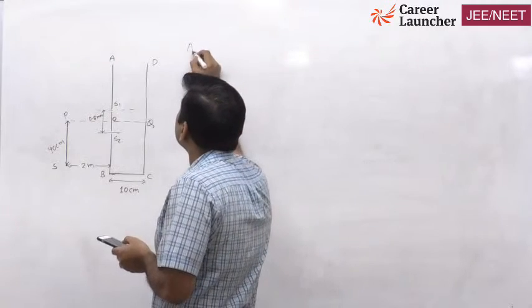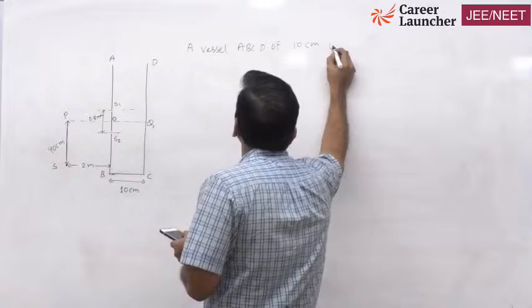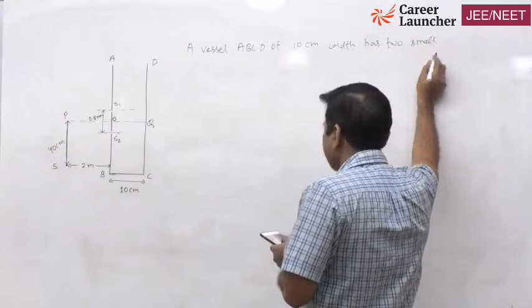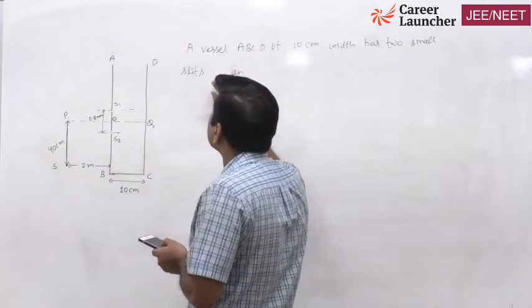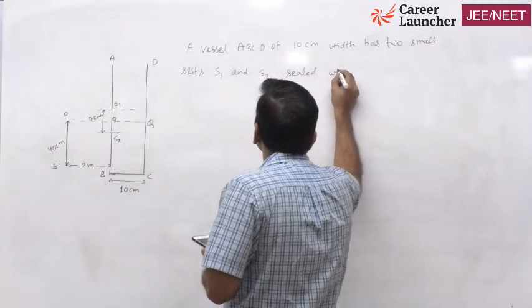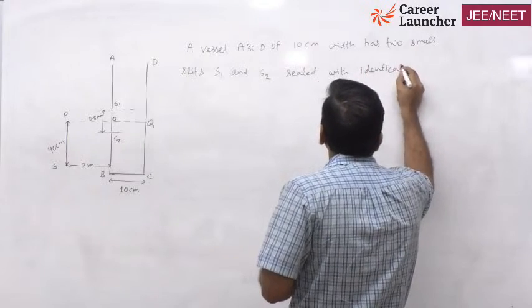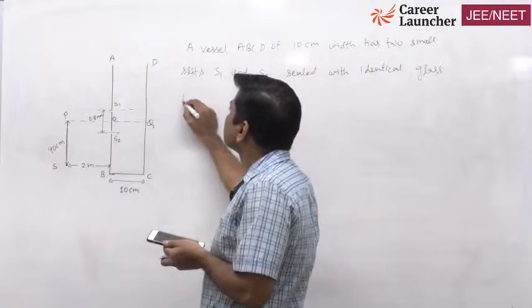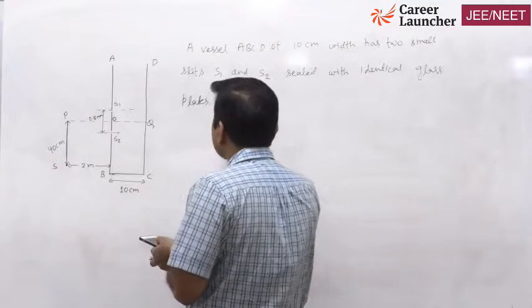Here is the question. A vessel ABCD of 10 centimeter width has two small slits S1 and S2 sealed with identical glass plates of equal thickness.